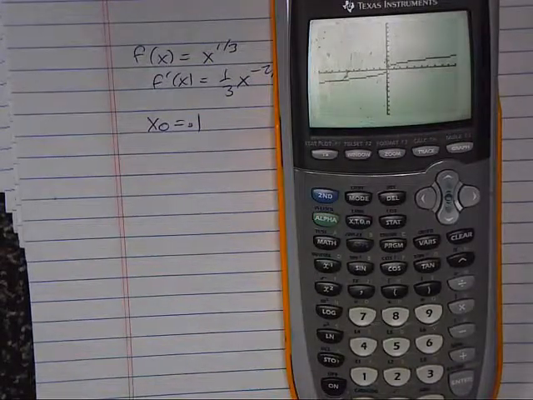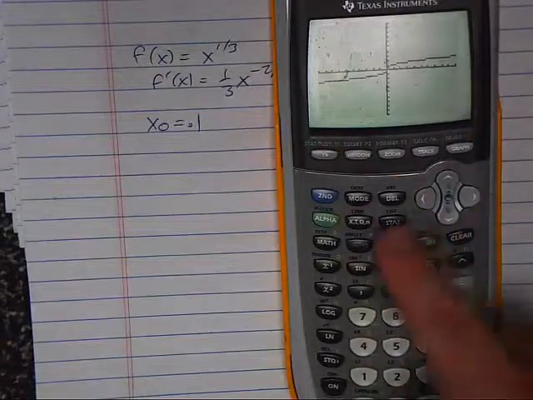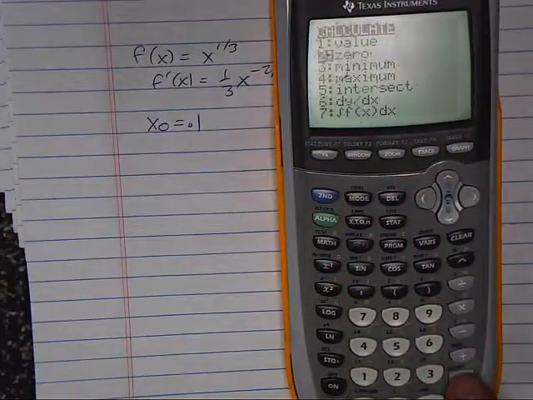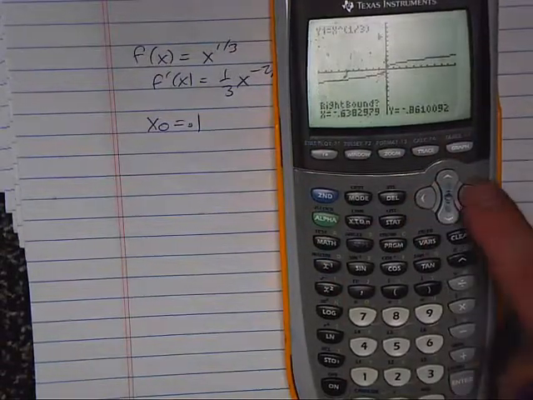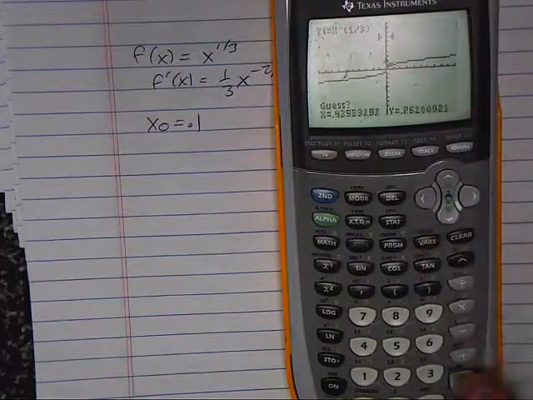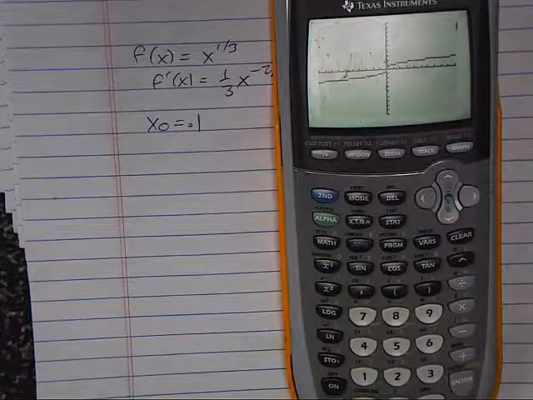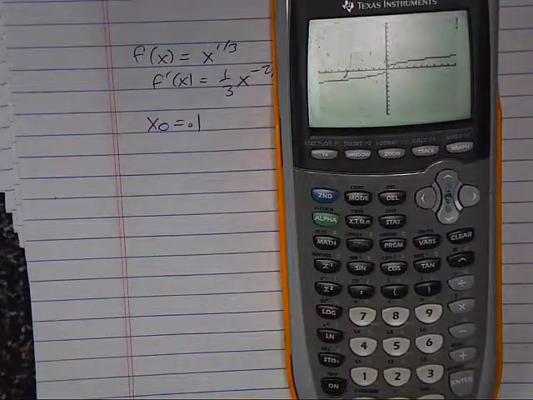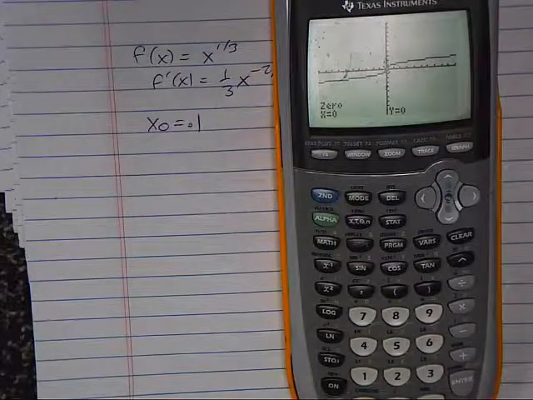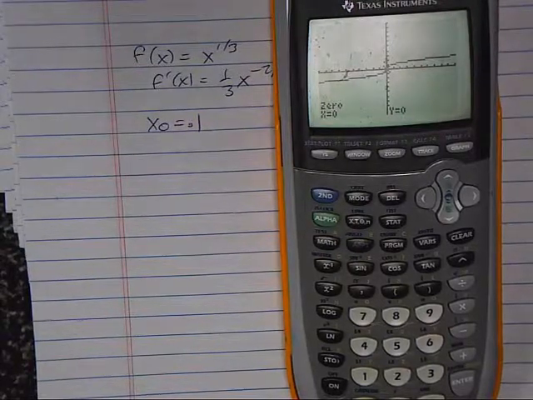So unfortunately, Newton's method doesn't always work, and that's why I know that the calculator, if I ask the calculator to find the 0 for this problem, maybe it can't do it. Nope, it does find it, x equals 0. So that's how I know the calculator is not using Newton's method.